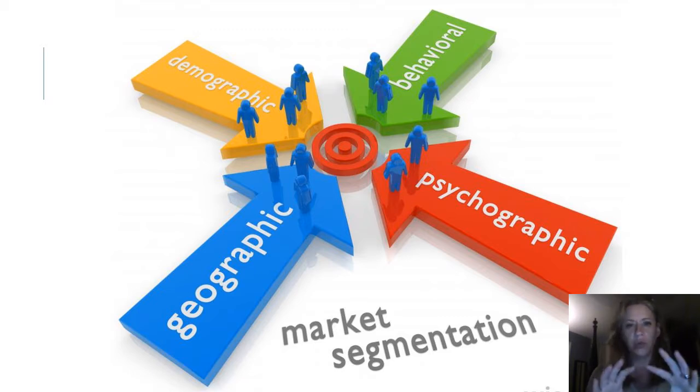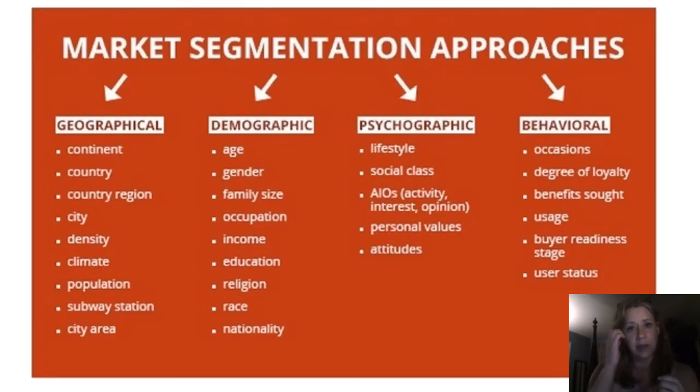When you really want to narrow this down as much as possible, you're generalizing what your perfect customer, that Mona Lisa customer, would look like using these different characteristics. So let's jump into it and see what these characteristics can be. These are your different approaches. Geographical, of course, that's geography. We're all familiar with that.